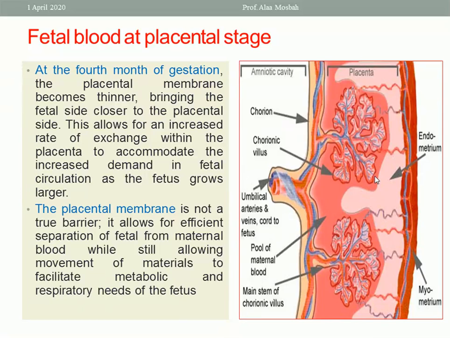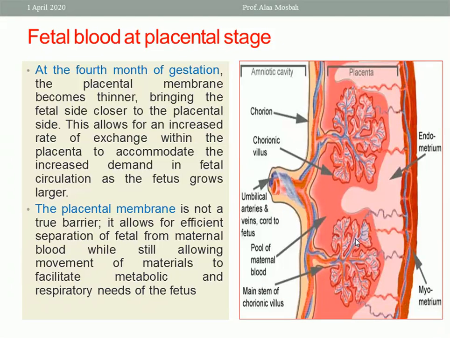Okay, so at the 4th month of gestation, please look at this picture. The placental membranes become thinner, bringing the fetal side closer to the placental side. This allows for an increased rate of exchange with the placenta to accommodate the increased demand in fetal circulation as the fetus grows larger.